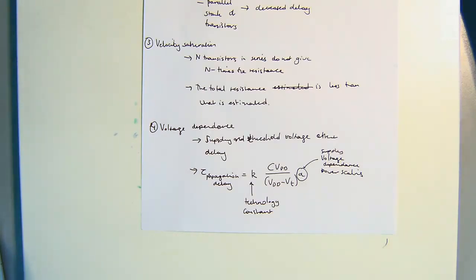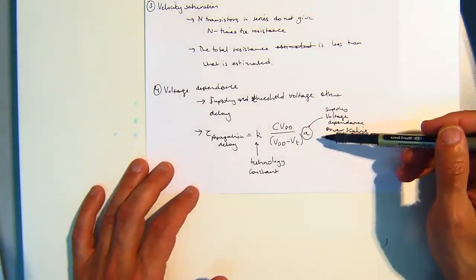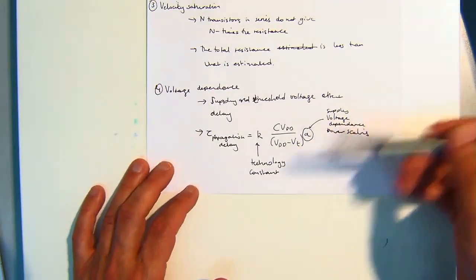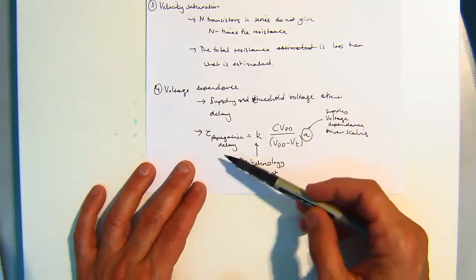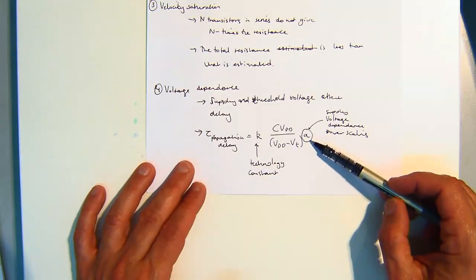But one of the issues that I wanted to highlight was that once you change the supply voltage, your propagation delay has a non-linear relationship with your supply voltage, right?